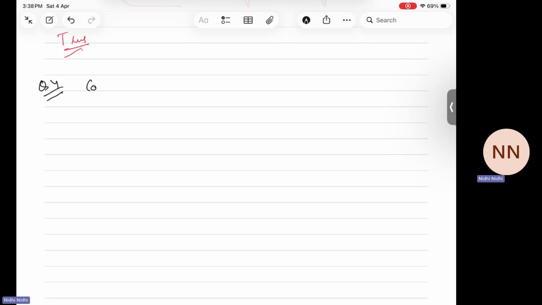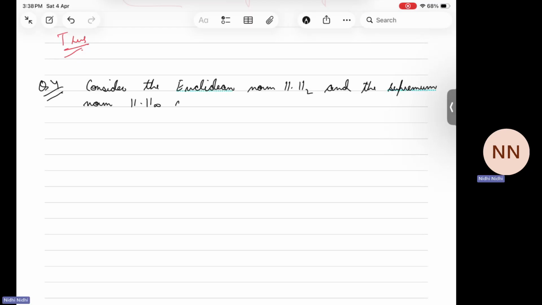Consider the Euclidean norm and the supremum norm. We define how they are specifically given on Rn.